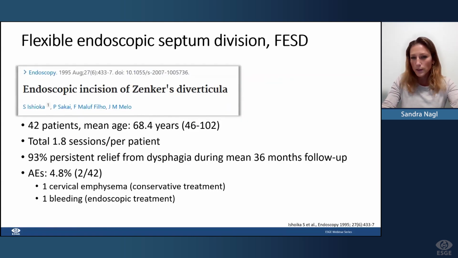Flexible endoscopic septum division was first published in 1995 and has shown an overall 93% persistent relief from dysphagia during a mean follow-up of 36 months, with an overall very low adverse event rate of less than 5%, which were all managed conservatively.